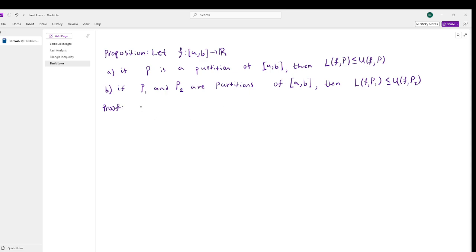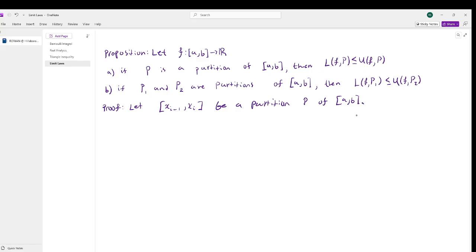So let's say P will be some partition, with subintervals from x sub i minus 1 to x sub i, a partition P of [a, b].